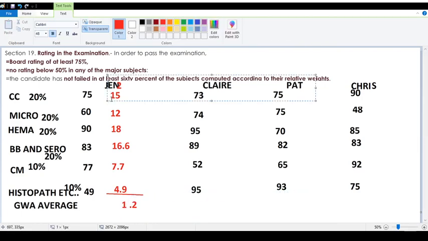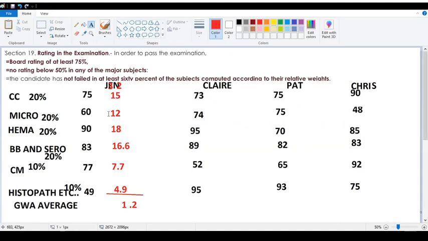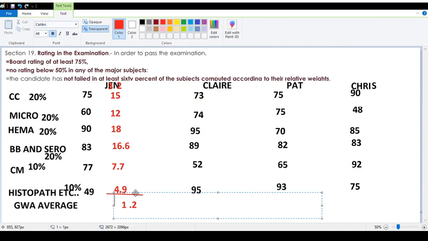And then we have it here, 3. So 3, 4, 5, 6, 7. So we only got a grade of 71.2.